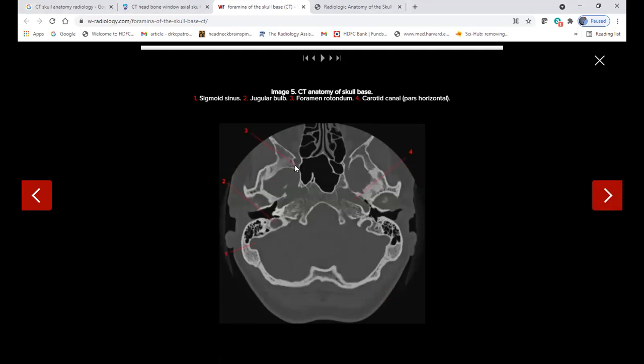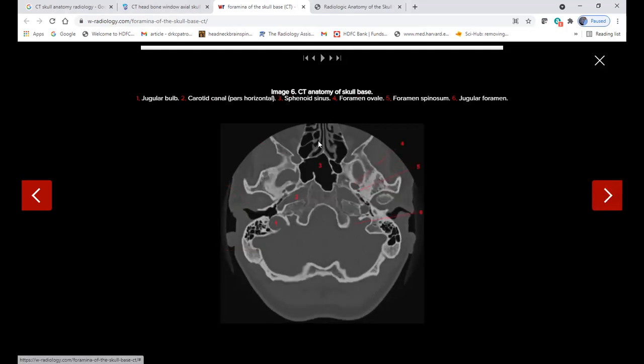This is the sigmoid sinus to jugular bulb, sigmoid sinus, foramen rotundum, and pars horizontalis of the carotid canal. Again, jugular bulb, carotid canal, pars horizontalis, sphenoid sinus, foramen ovale, foramen spinosum, and jugular foramen.